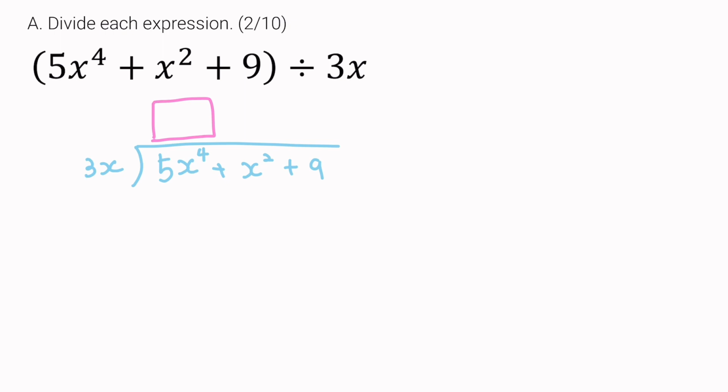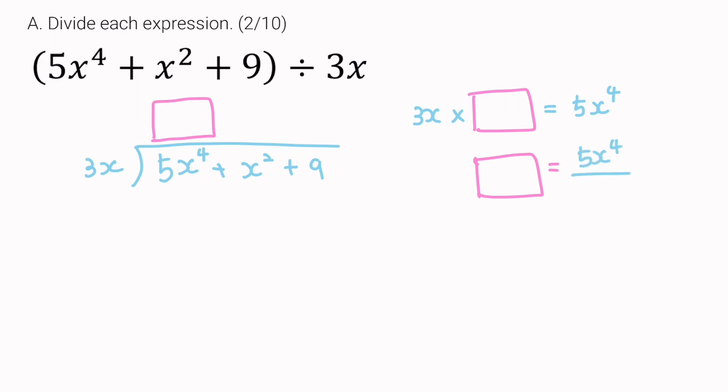So 3x times this expression should give me 5x raised to the power 4. So this box should equal 5x^4 divided by 3x. And if I simplify that, that'll give me 5x cubed over 3. So that is the number that should go to the box.